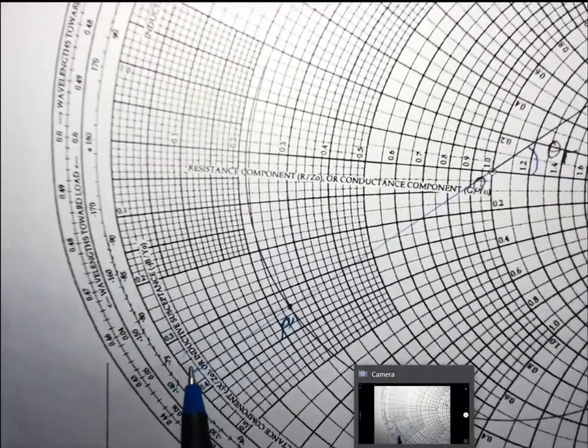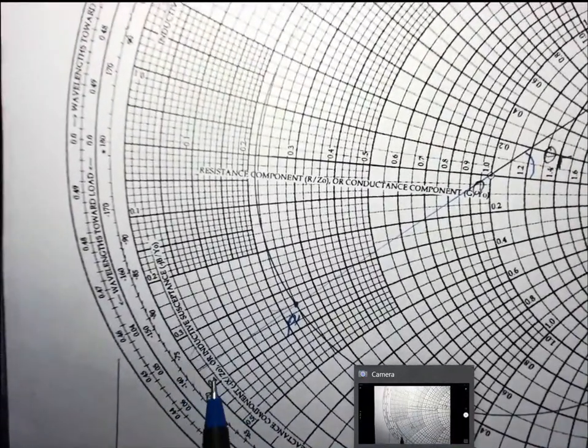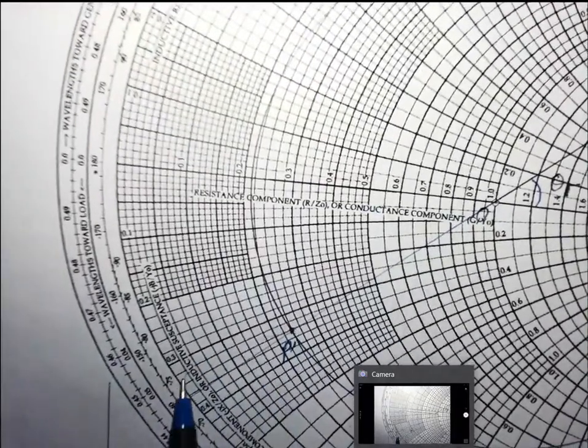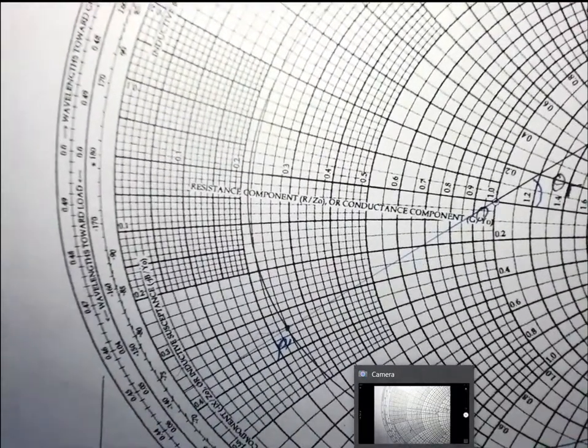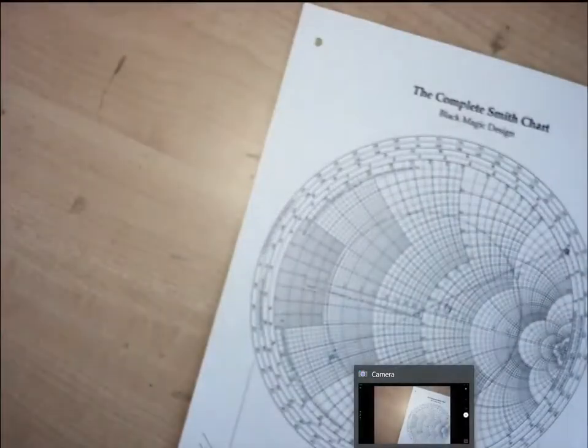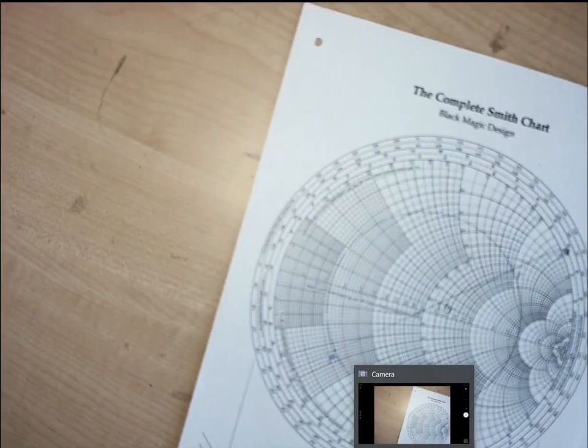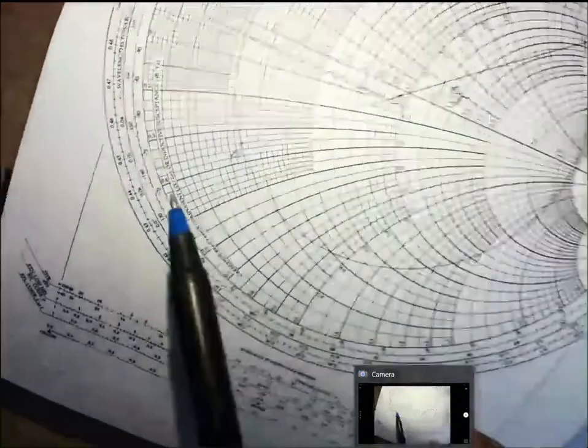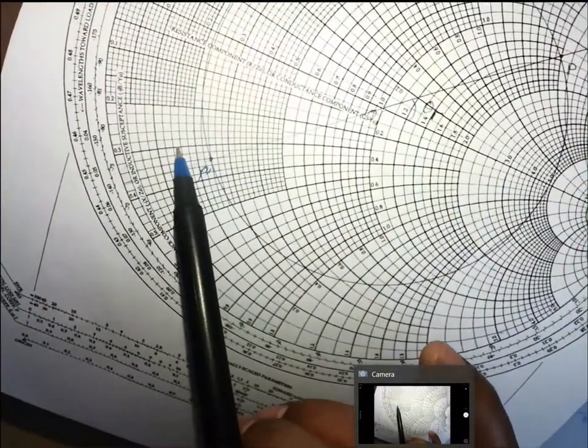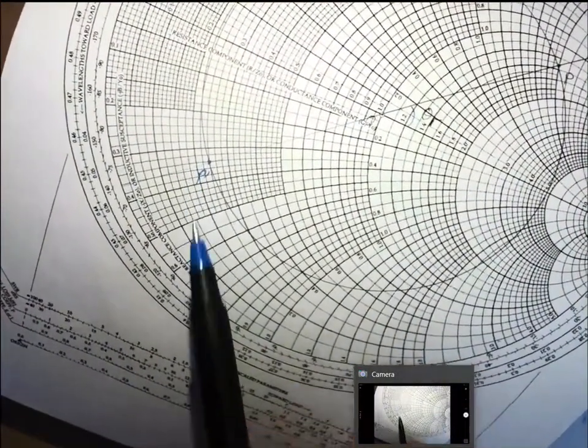So it is 0.34. This is the curve: 0.3, 0.32, 0.34.